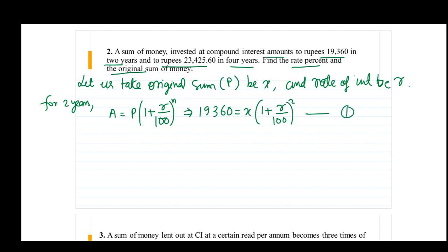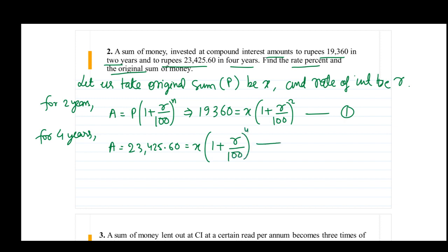Let's take it as equation number 1. Again for 4 years, A is equal to 23,425.60, and it is x times (1 plus R over 100) to the power 4. This is equation number 2.